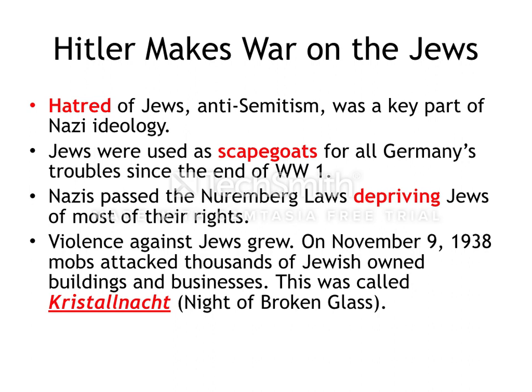Kristallnacht, or the Night of Broken Glass, would be an organized night of violence that would be perpetrated against Jewish communities in cities throughout Nazi Germany. On this night, actual detachments of SS and SA soldiers would attack Jewish businesses and Jewish homes, destroying them and burning them.